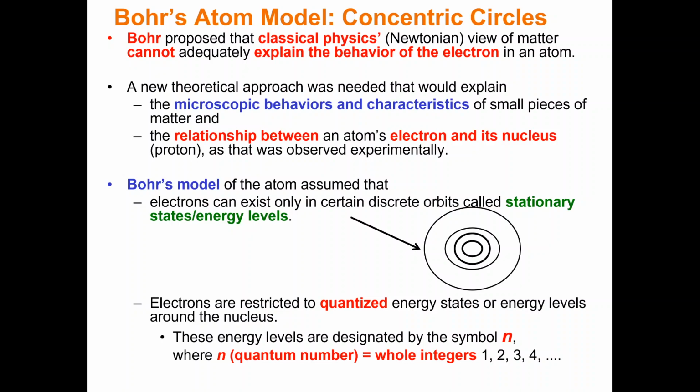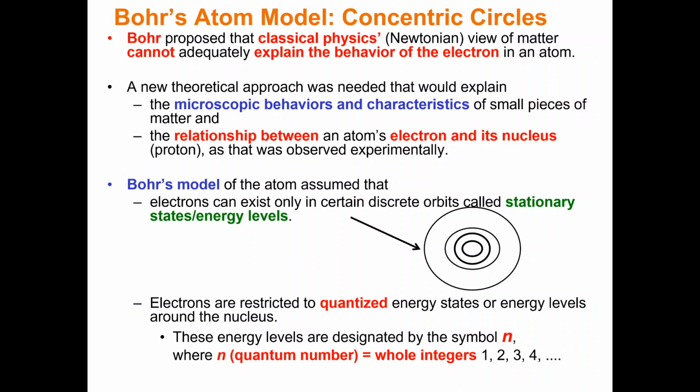In the Bohr model, he assumed that electrons can exist only in certain discrete orbits that are stationary. Stationary states, or more commonly, energy levels. So these electrons are restricted to quantized energy states or energy levels around the nucleus.